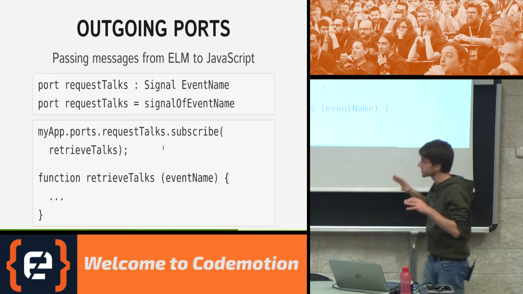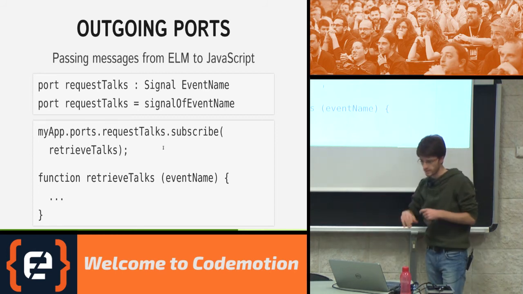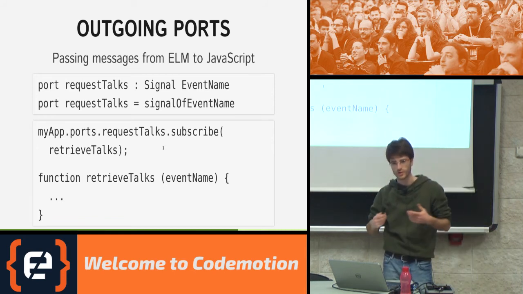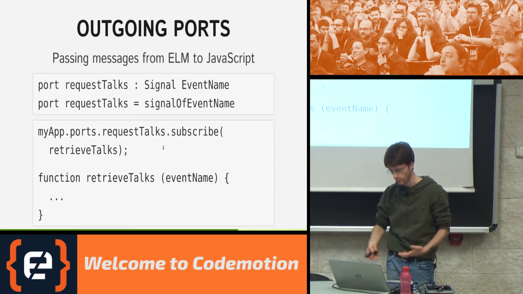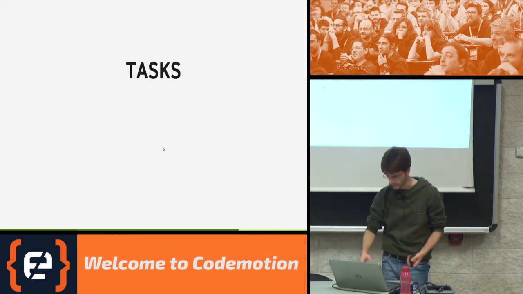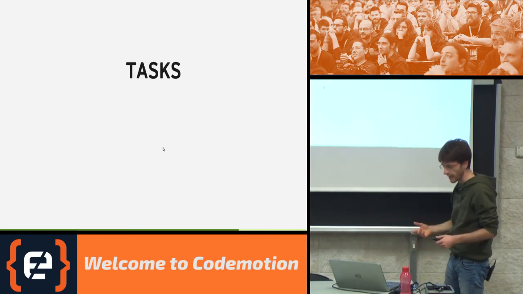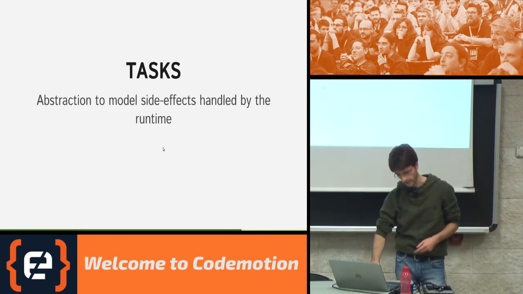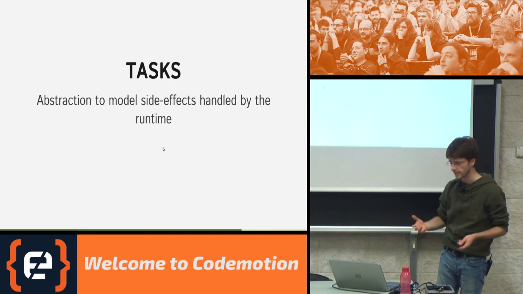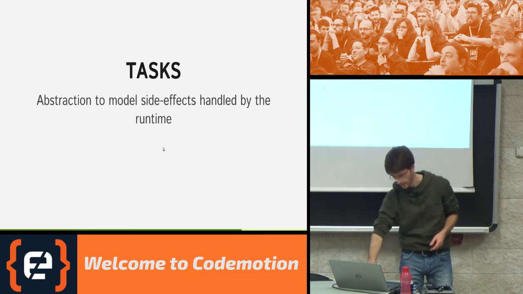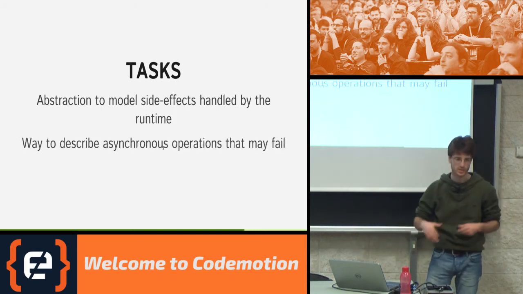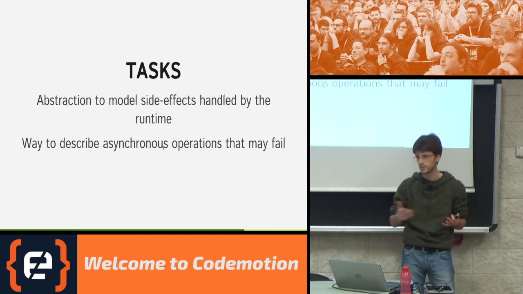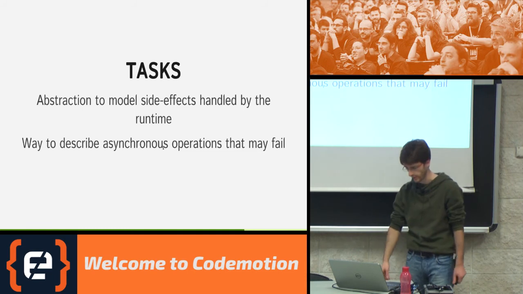But this is still a bit low level. We want to abstract some more, to have some structure nicer to work with. And obviously in Elm you get them. They are tasks. They are just an abstraction to model side effects handled by the runtime. They are just a way to describe an asynchronous operation that may fail, and you may think of HTTP remote calls or storage interactions.